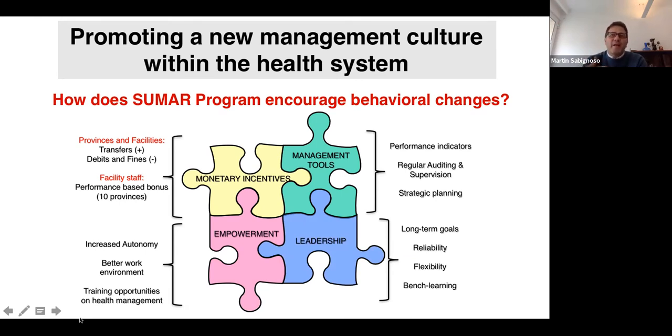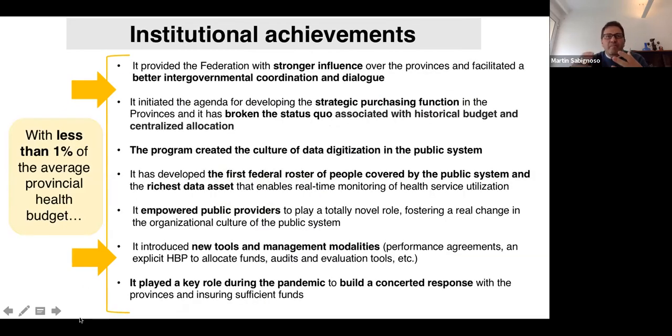defining core rules, but then giving a wide autonomy to the provinces and to the facilities so they can adapt these national definitions to the local reality, and promoting a benchmarking and learning dynamic between provinces and between facilities. So some institutional achievements have been observed in the provinces and the facilities with the contribution of Programa Sumar, which, let me say, represents less than 1% of the average provincial health budget.